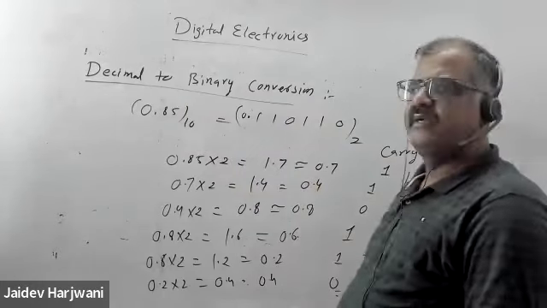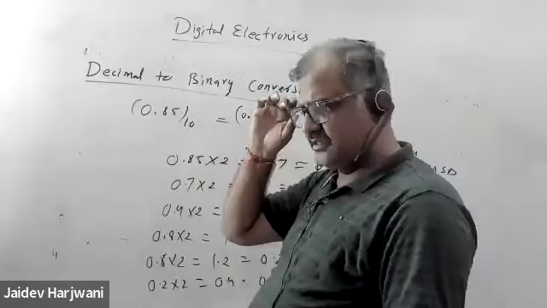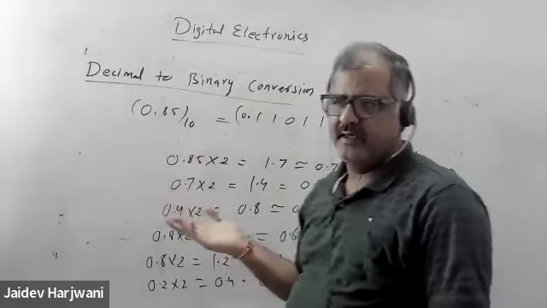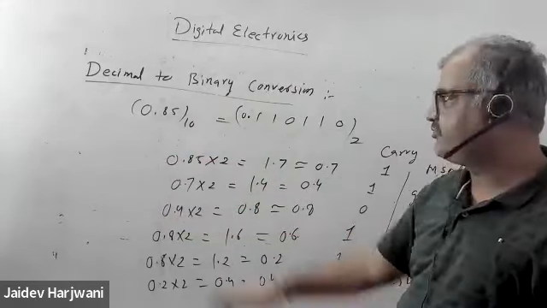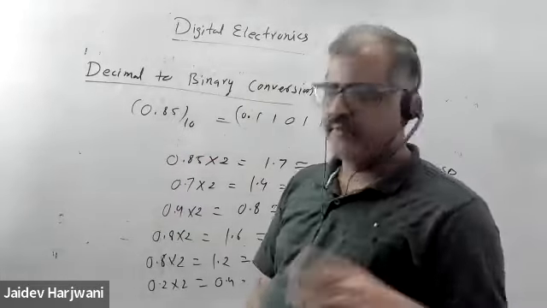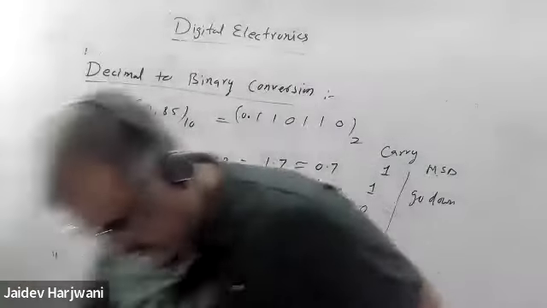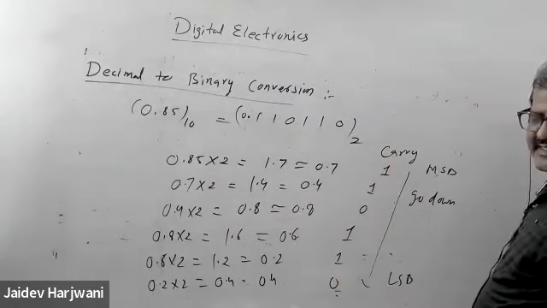Similarly, for a hexadecimal number, you have to divide the decimal by 16, and multiply the fractional part by 16, and follow the same procedure. Then you can convert any decimal number to any number system. Now the method is clear.